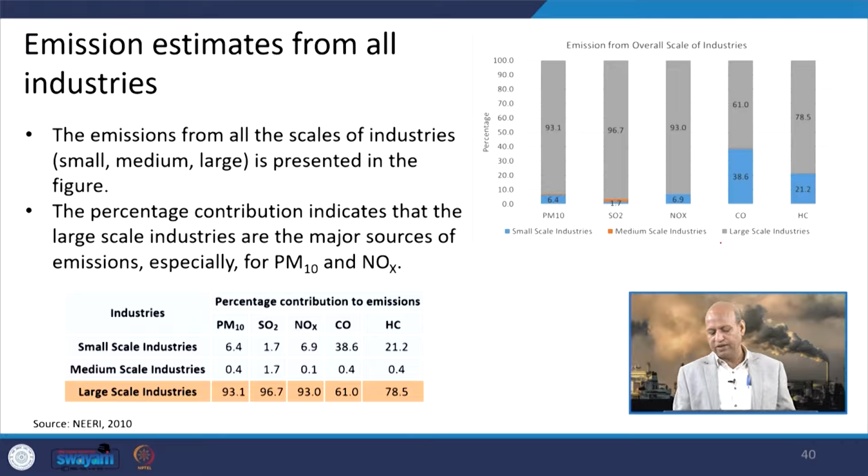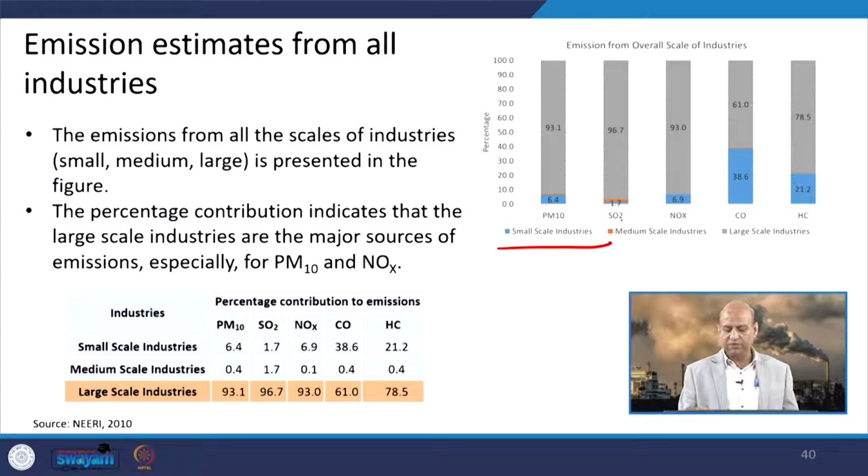Here also, large scale industries are responsible for PM10, NOx, etc., and CO is from small scale industries. So, small scale industries are responsible for CO as well as large scale industries. So, a fair share is there, you can say.